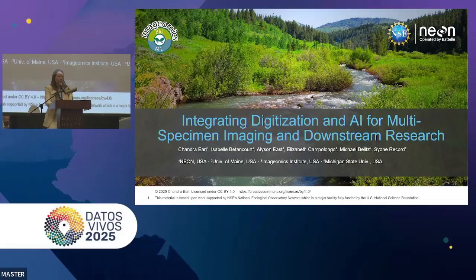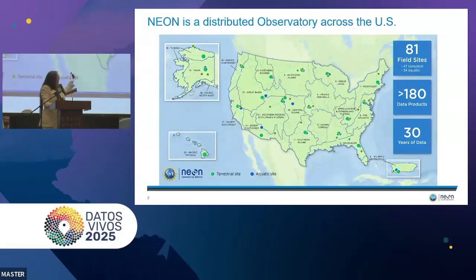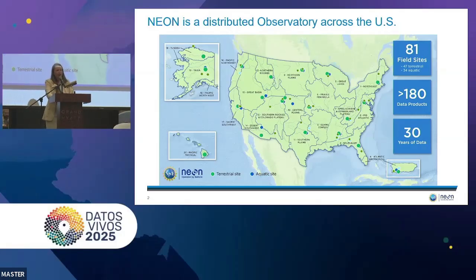First, a little context about NEON. NEON is a long-term ecological monitoring observatory distributed across the United States, including Alaska, Hawaii, and Puerto Rico. We are a research platform for discovering and understanding specifically the impacts of ecological change, and we do this by gathering long-term environmental data.